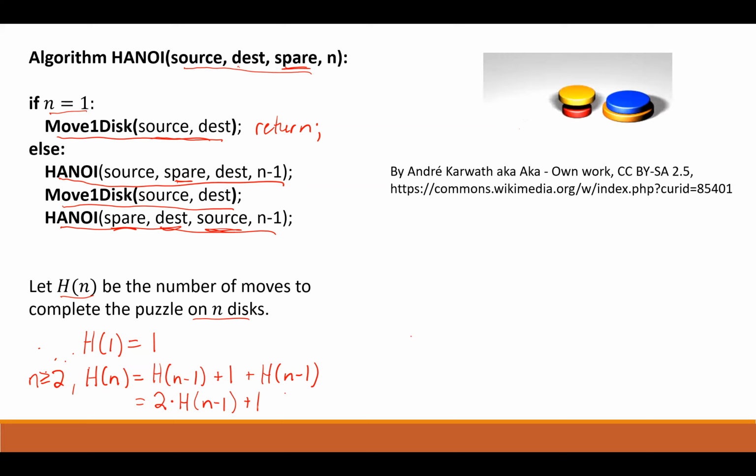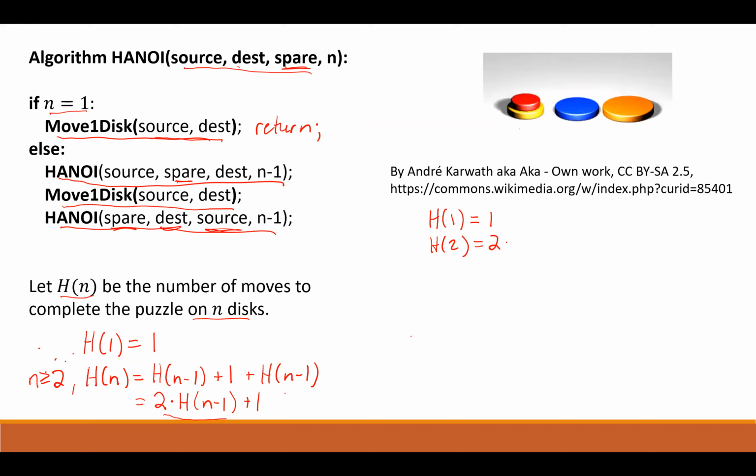Okay, so then we're going to solve this. We're going to walk through a couple of the values and see what sort of pattern we get. We're going to guess at a closed form, prove it by induction. So h of 1 equals 1. h of 2 is equal to 2 times h of 1 plus 1.